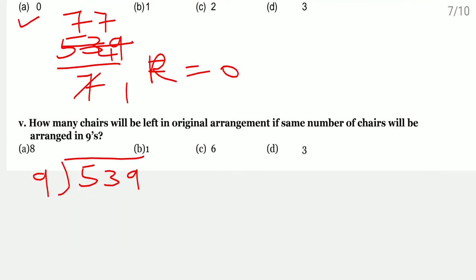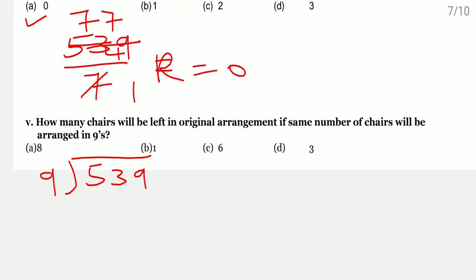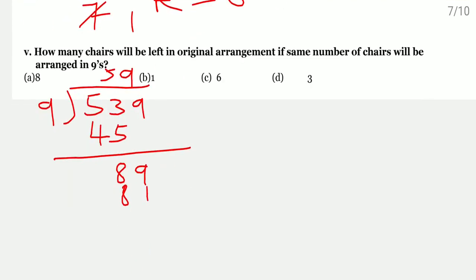So here 9 5s are 45. Now see here 8 is remaining, 9 9s are 81. Now the remainder is what? The remainder is 8. So 8 chairs will remain if we arrange them in 9s. Okay, so option A is the correct one.